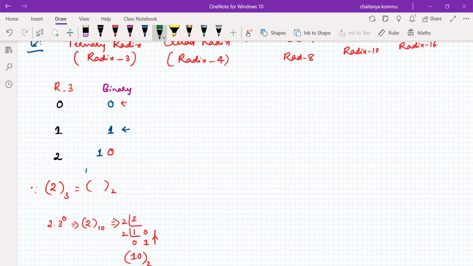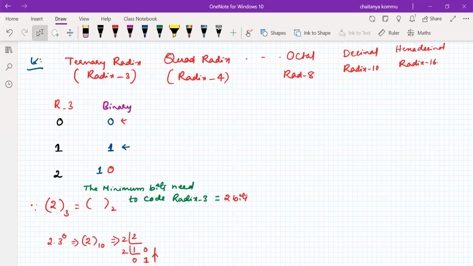So I can write it here: the minimum number of bits needed to code radix 3. Radix 3, the minimum number of binary digits, it's better to write bits, binary digits, needed to code radix 3 is exactly 2. 2 bits are required. Fine.